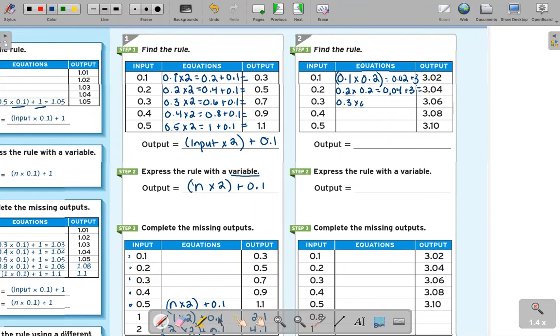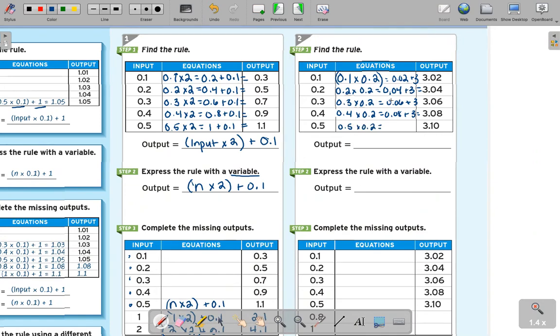3/10 times 2/10. Well, that equals 6/100 plus 3, 3 6/100. 4/10 times 2/10. 4 times 2 is 8. I know I'm going to be in the hundredths place, so that's 8/100 plus 3. Sure does equal 3 8/100. And finally, 5/10 times 2/10.